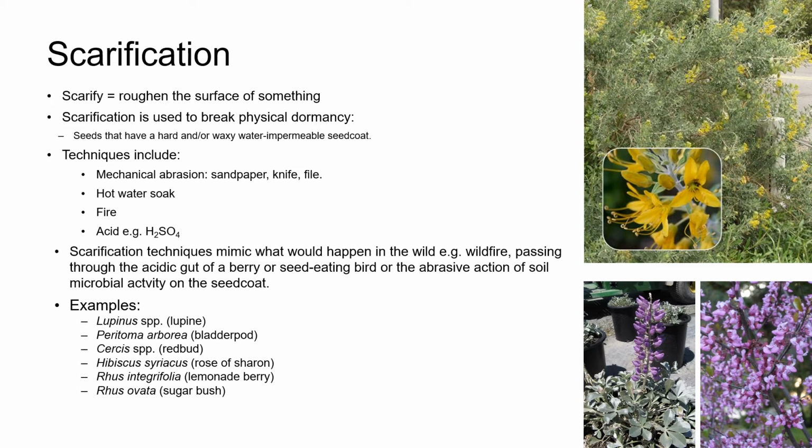Examples of seed that usually need scarification are lupins, bladderpod, redbuds, rose of Sharon, lemonade berry, and sugarbush. So let's look at some of the scarification techniques in a little more detail.